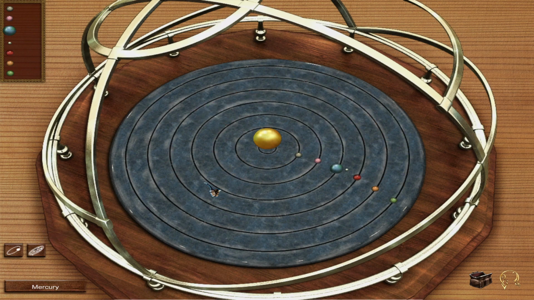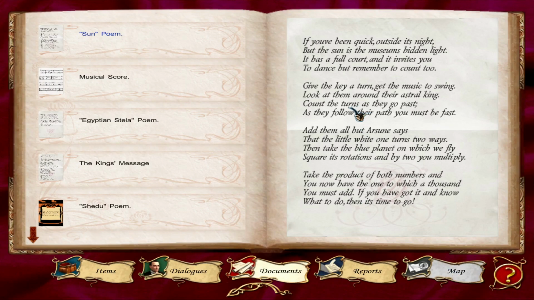Okay, so we're going Mercury, Venus, Earth, Moon, Mars, Jupiter, Saturn. So I guess the easiest way is to actually just literally do this all one at a time. Oh, I can do it one at a time, right? Oh my god, this is so much easier. Okay, so we'll just wait for this to wind around.